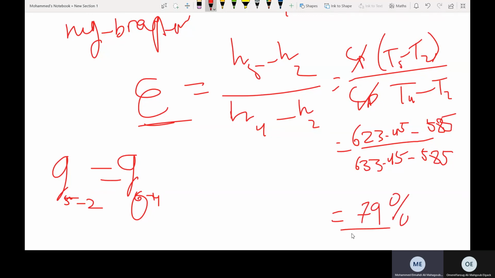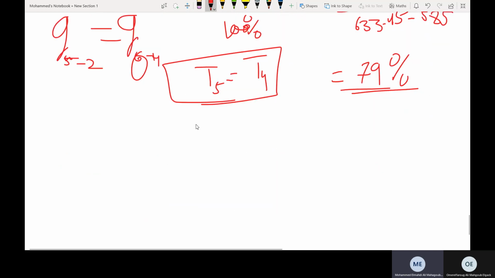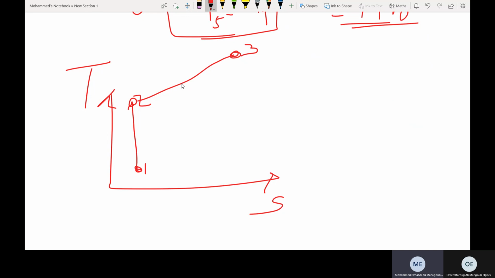79%. And just observe something. If the regenerator efficiency is 100%, this means that T5 is equal to T4, because T2 is T2. If T5 is equal to T4, this is the maximum efficiency we can get from the regenerator. The TS diagram for that is going to be like this. This is 1, this is 2, that is 3, and this is 5.